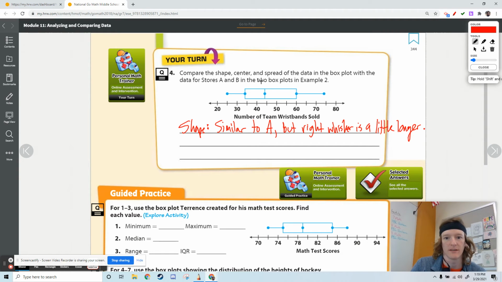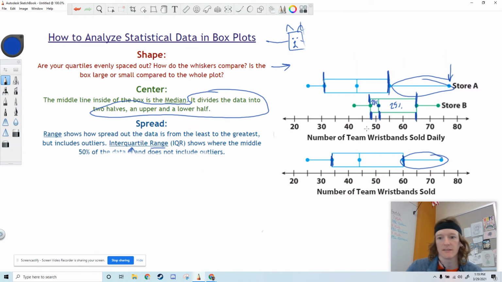Next, we'll compare the center. Okay, the middle of our data, let's see. The center, this one was at about 43, kind of looks like. This one's at like 44, and this one's at 52. So A was at 43, B is at 52, and C is at 44.